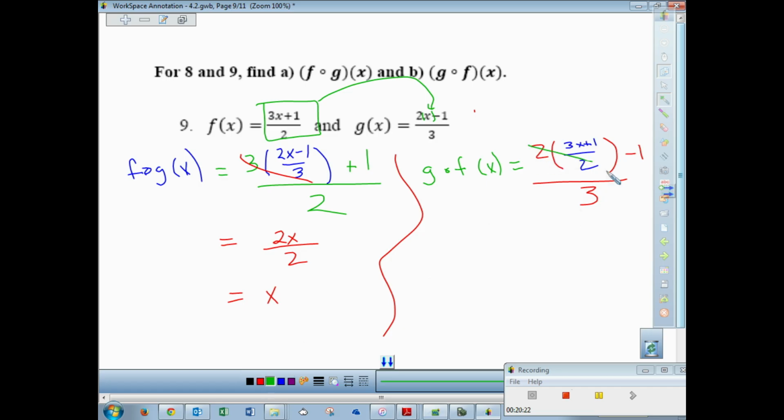Fortunately, the times 2 and divide by 2 are there and cancel each other out. You're left with 3x plus 1 minus 1, which is 3x plus 0 over 3. That simplifies to x. Woo! So cool. That is awesome.